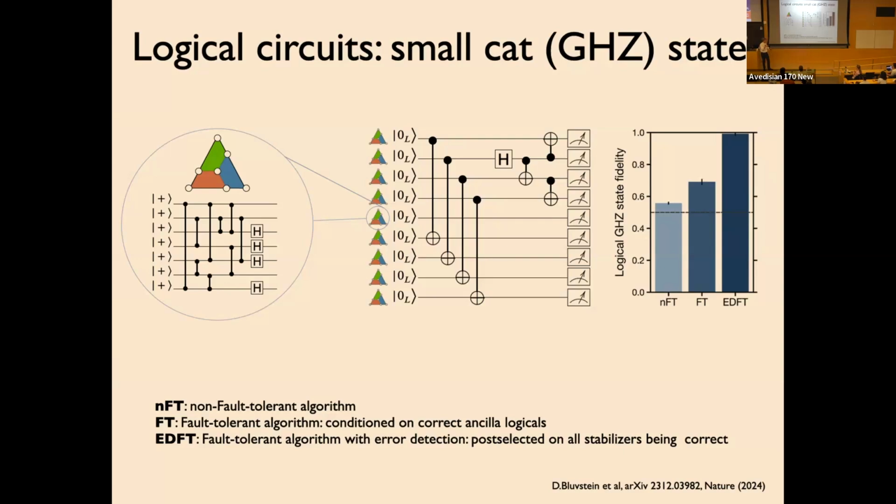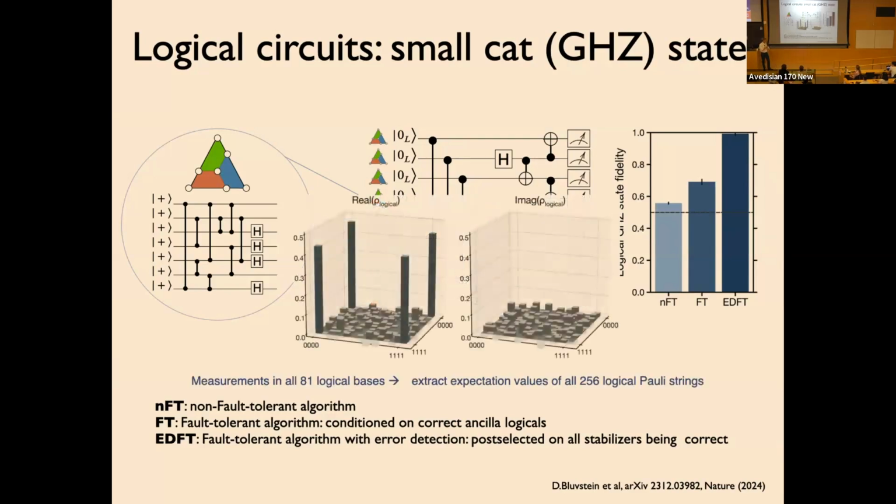If you do fault-tolerant preparation and also some degree of error detection, you basically don't keep all results, but throw some away. You just keep the results where you have no stabilizers violated, so you can get nearly perfect fidelity. You can also see that with this kind of approach, physical and logical qubits are different.